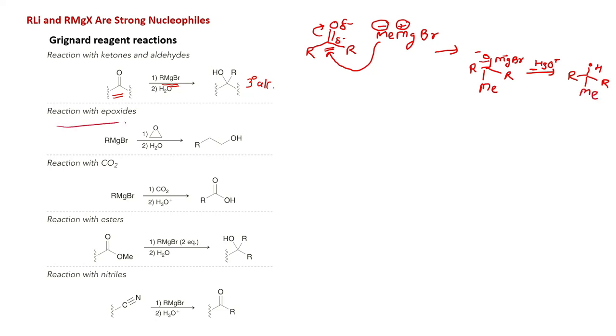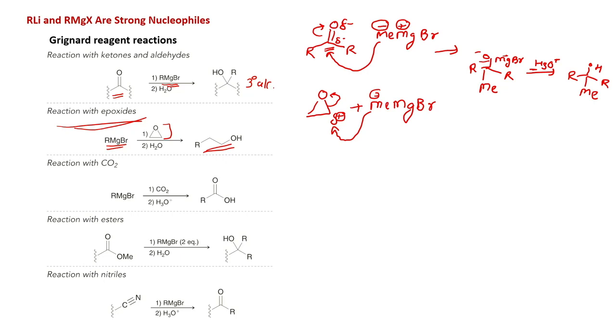Now the reaction with epoxide. Your Grignard reagent reacting with epoxide will give you a primary alcohol. So the mechanism is: oxygen will withdraw electrons, it will create a carbocation here. So methyl magnesium bromide, now you know what kind of reaction will happen here.